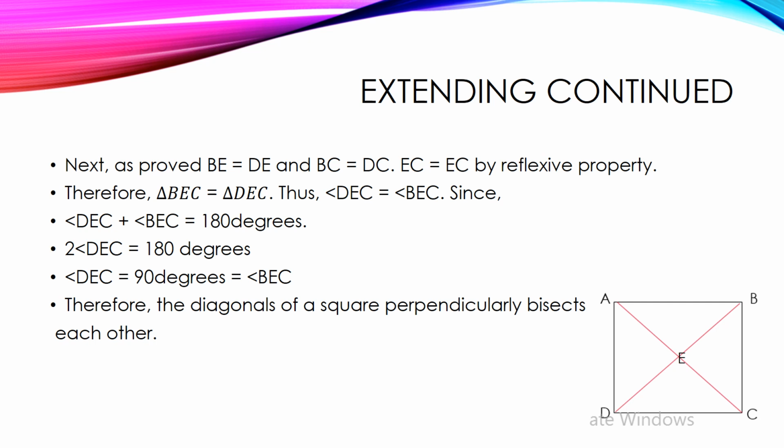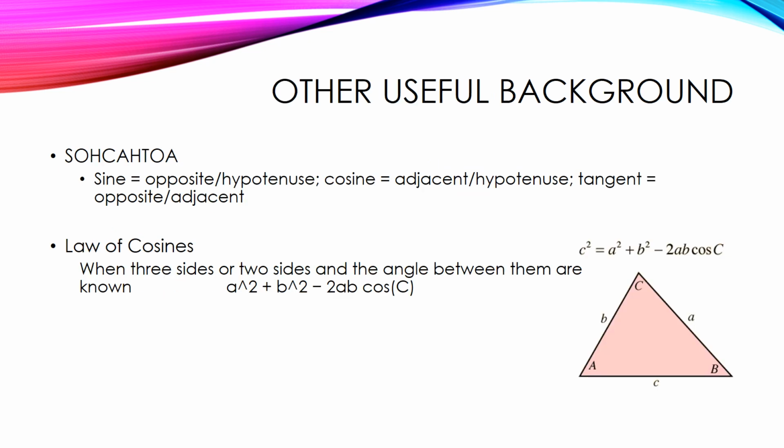Since these 2 angles are supplementary to one another, they sum to 180 degrees. With substitution, we can yield the equation 2 times angle DEC equals 180 degrees. Divide both sides by 2, and we get angle DEC is equal to 90 degrees, as well as angle BEC is also 90 degrees. Therefore, the diagonals of a square perpendicularly bisect each other.